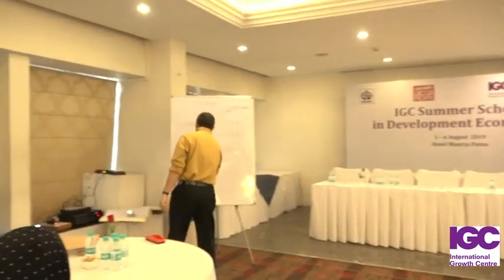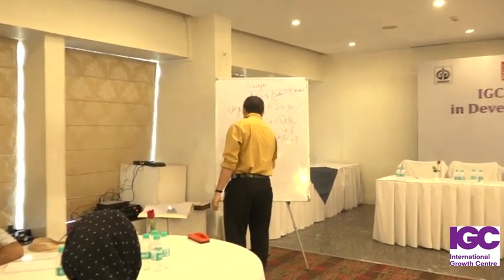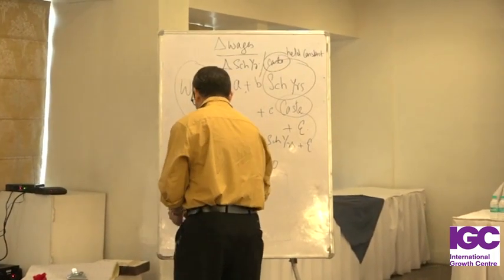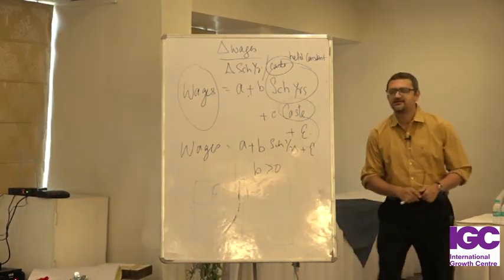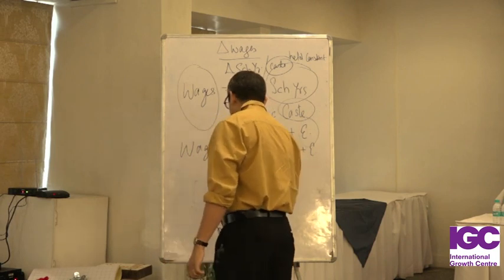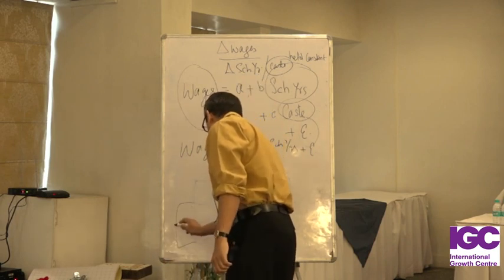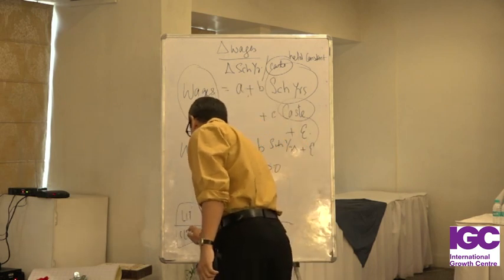So let me write down. Let's call them C1 and C2, these are two castes, and there are two levels, literate and illiterate.